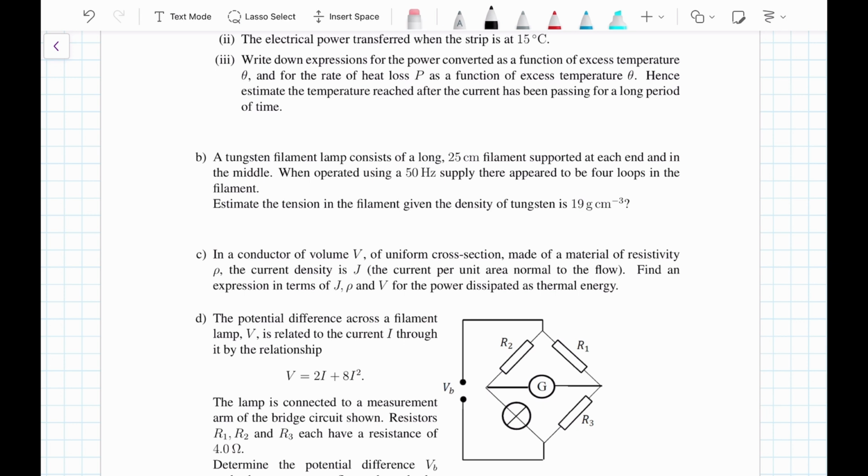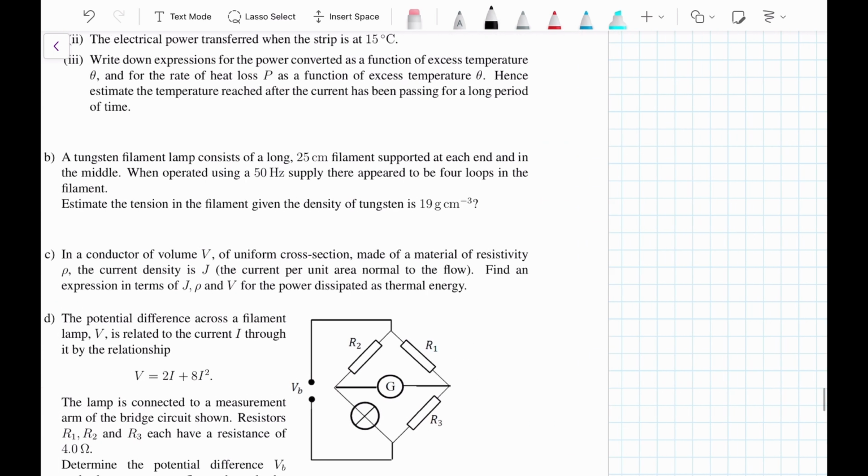Okay, so first of all, you want to estimate the tension, and we are given something regarding the oscillation of a filament. I suppose this is just a stationary wave case where both ends of the filament are fixed. So if it's a string, then we can utilize this equation.